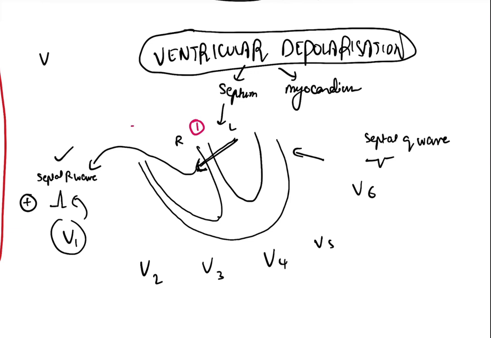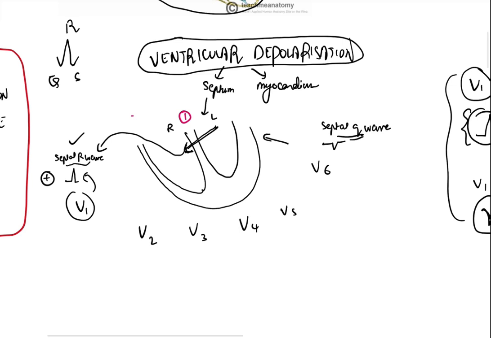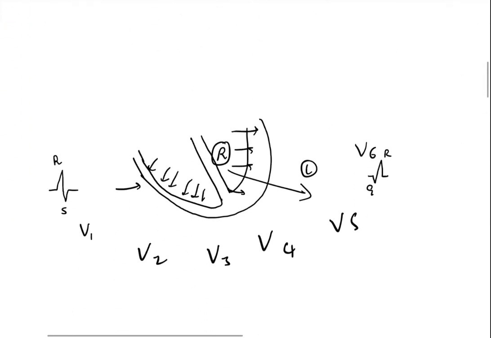Any QRS complex consists of a negative wave called the Q wave, a positive wave called the R wave, and a negative wave again called the S wave. Since it's a positive wave, we name it the septal R wave, okay? And since the current of depolarization is traveling away from V6, you get a negative wave called the septal Q wave, okay?